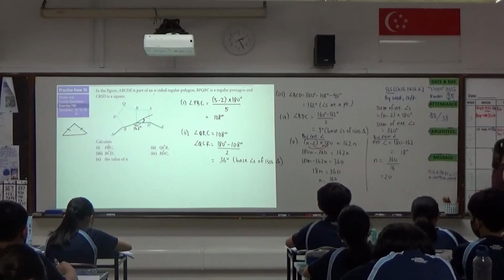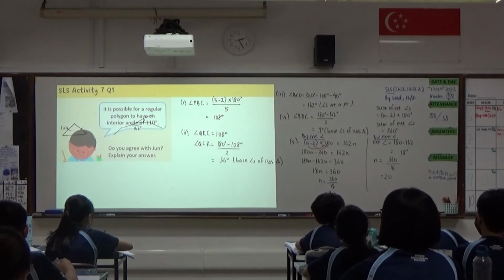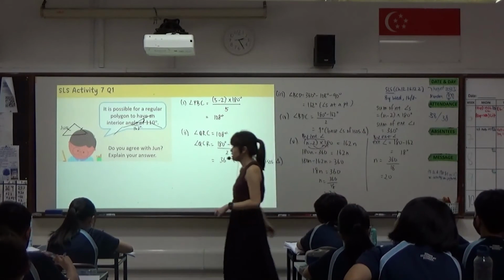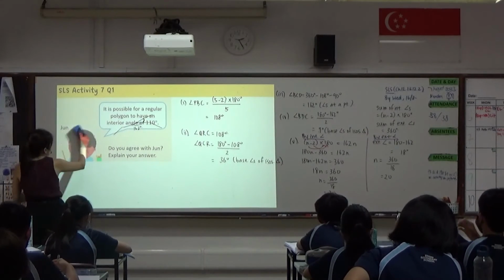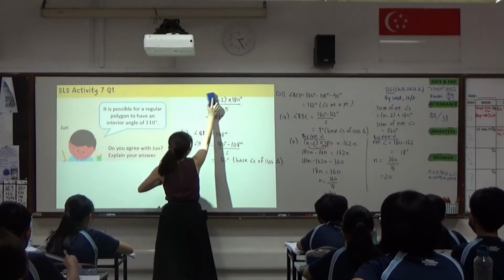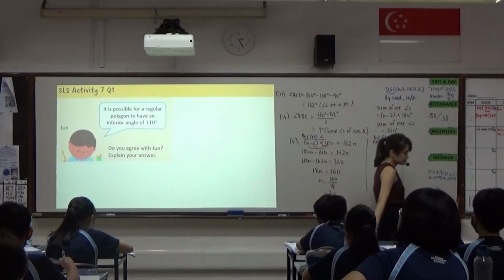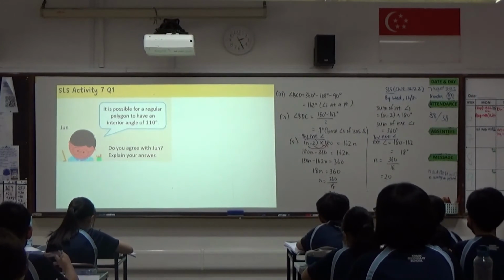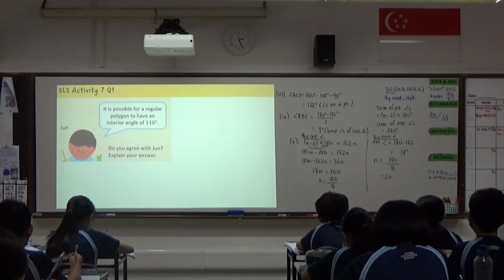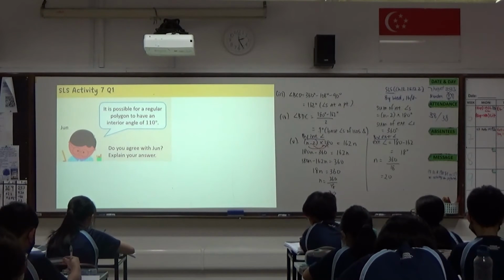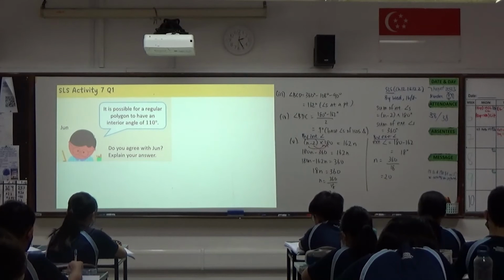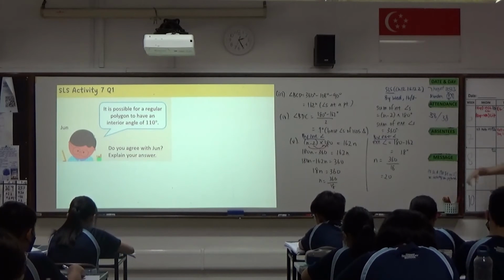Now I want to wrap up polygons, okay, by addressing this question that you had from SLS. Because I know some of you said you're a bit confused. But at this stage, we have done quite a number of questions involving the sum of interior angles and the sum of exterior angles already.